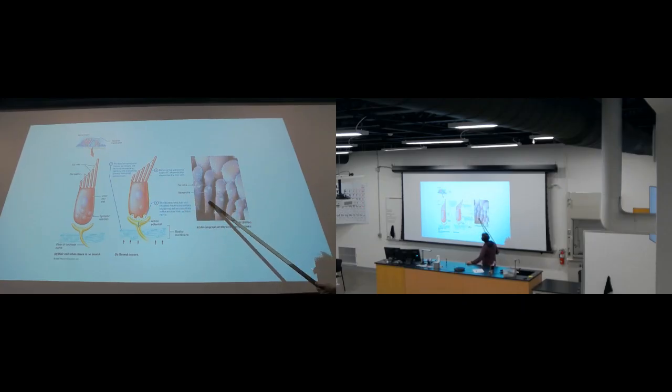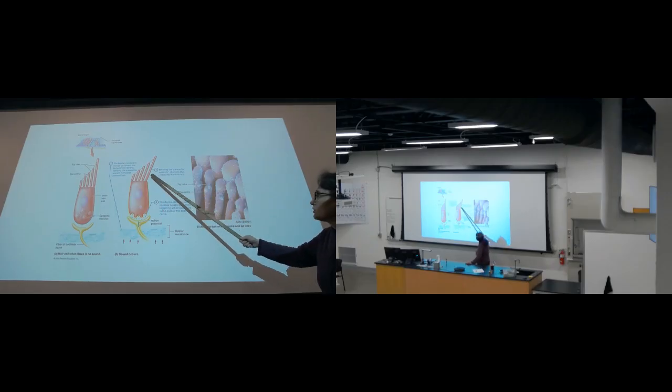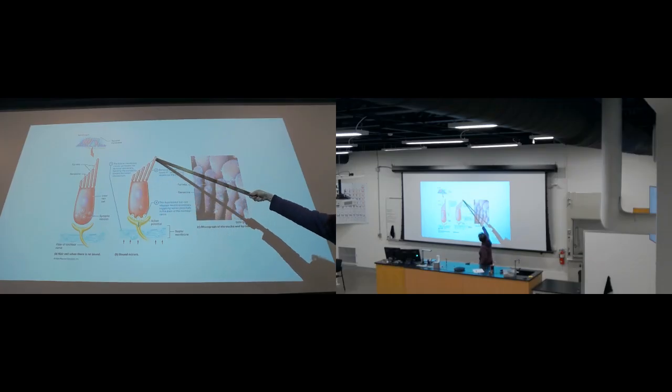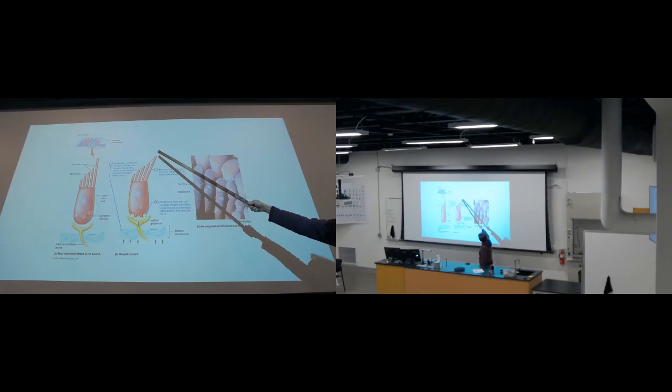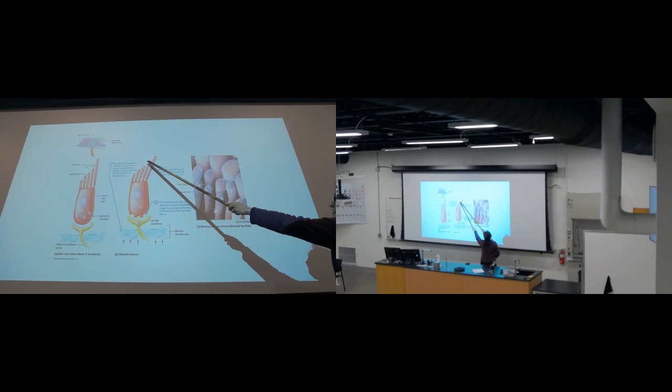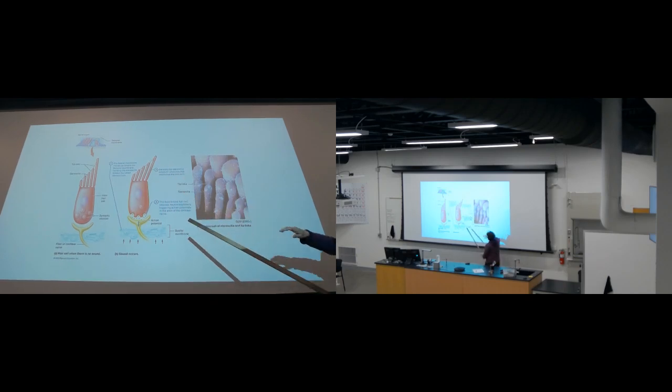Here you can see these micrographs, and here are the links of these stereocilia. These will vibrate and bend, and when they bend towards the tallest, the longest stereocilia, you will have opening of sodium channels. There is a physical connection of this with the sodium channels, so the sodium channels open.